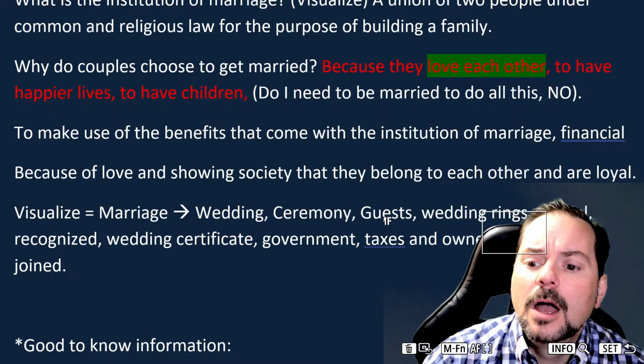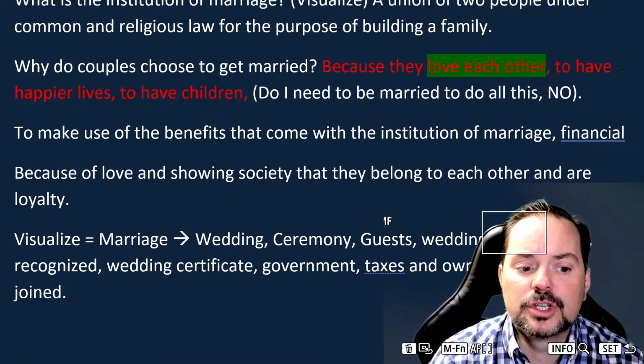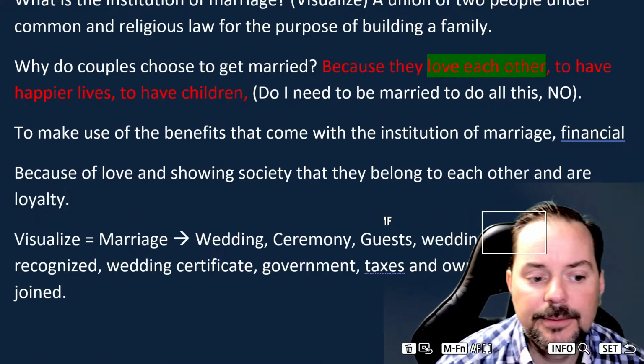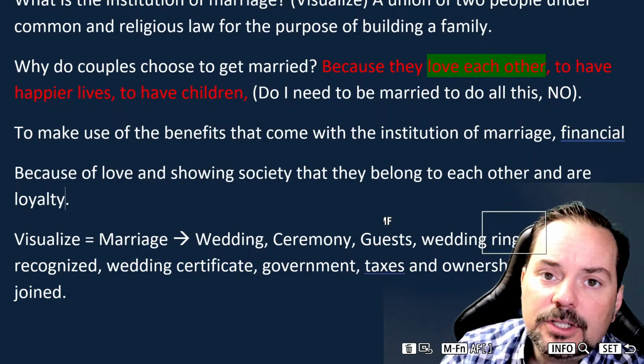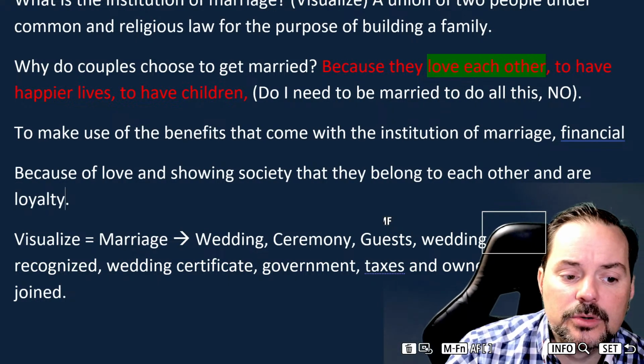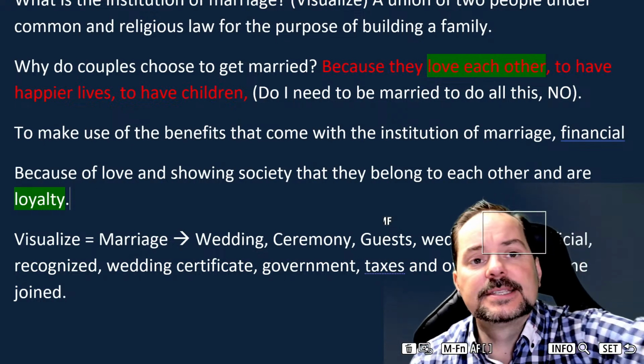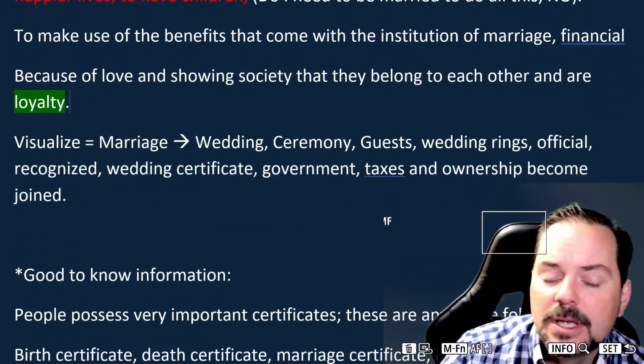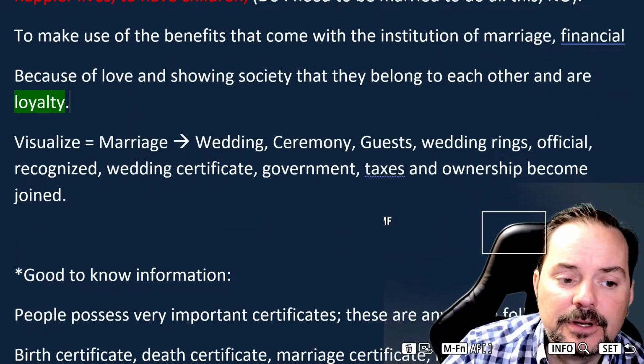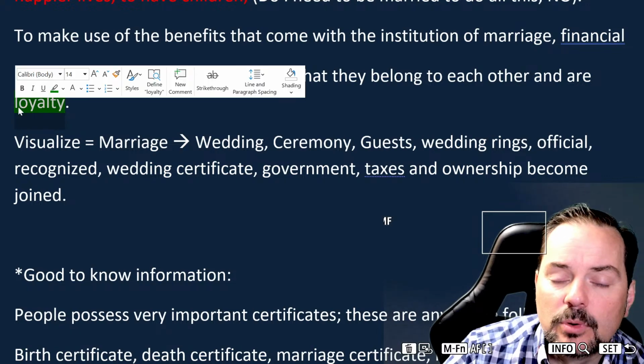Okay, so the word that we're looking for is loyalty. All right, so loyalty towards each other. Everybody knows this word loyalty, and for a student who's going to be getting a band 7 to 9 on this essay, I definitely feel that the word loyalty is important.